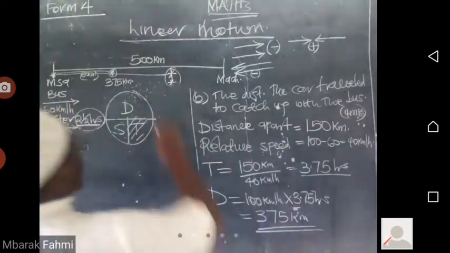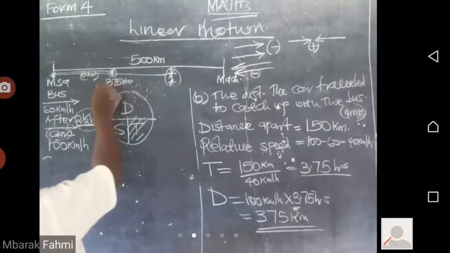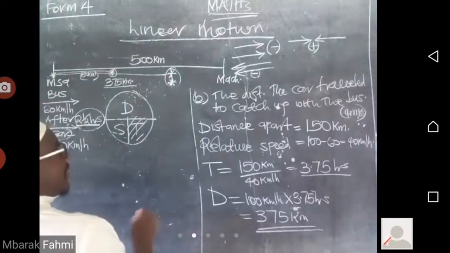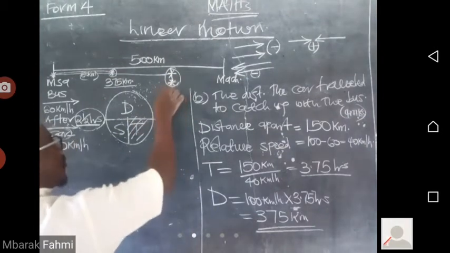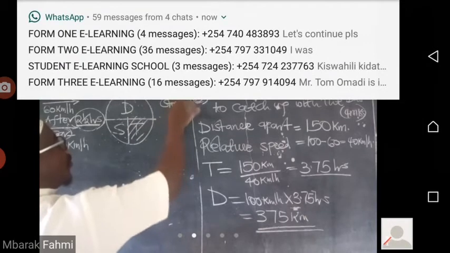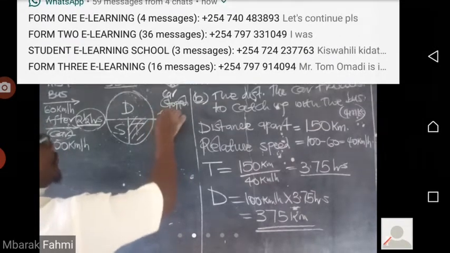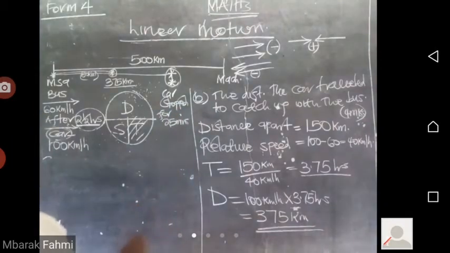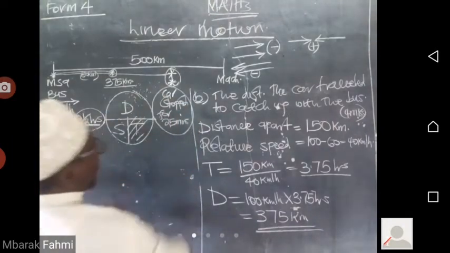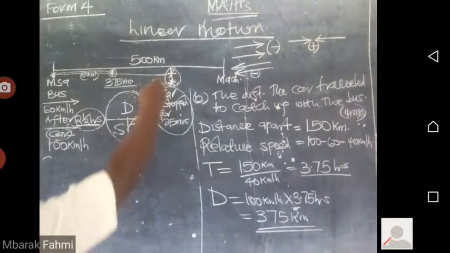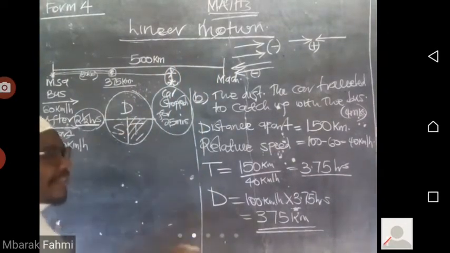Okay, so we said after covering 375 kilometers, they have caught up with one another. Then the car stopped for 25 minutes. Remember, the bus is continuing with the journey.